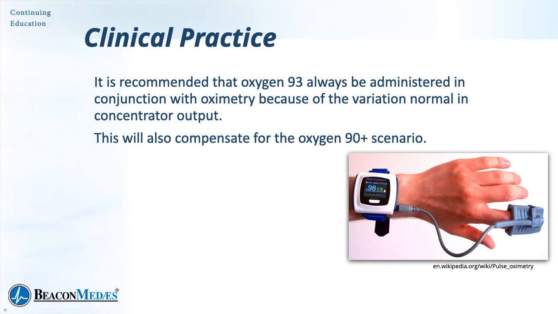Now, oxygen 93 always should be administered with oximetry. Of course, this is really not anything new. Even oxygen 99 should always be administered with oximetry because we're really after saturation in the blood. We are not interested so much in the FiO2 directly.